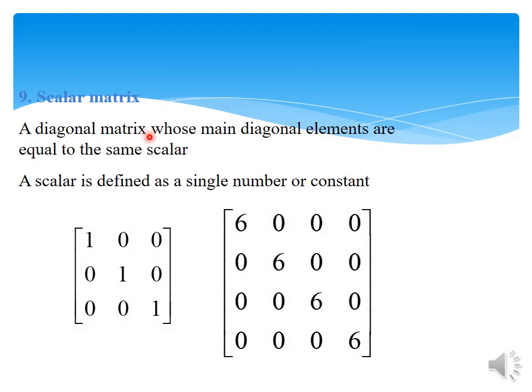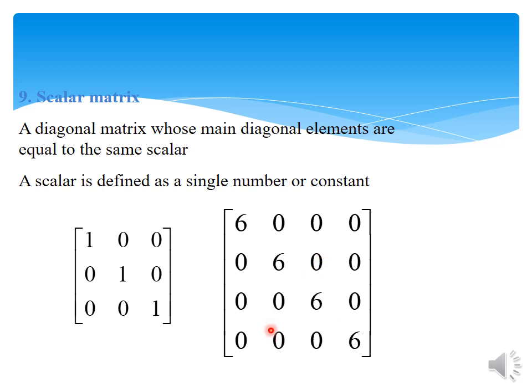What is the scalar matrix? A diagonal matrix whose main diagonal elements are equal to the same scalar. A scalar is defined as a single number or a constant. Students, here is an example of a scalar matrix. The diagonal entries are non-zero and the same, and the remaining entries are 0. Similarly, here we have a 4 by 4 matrix.